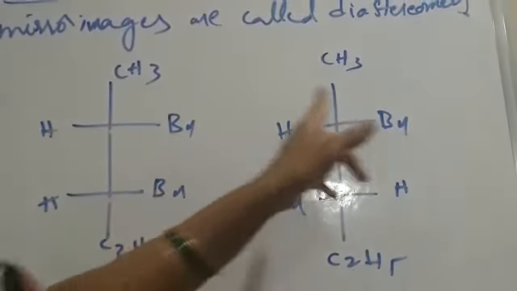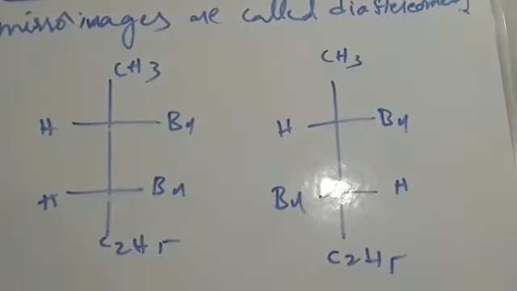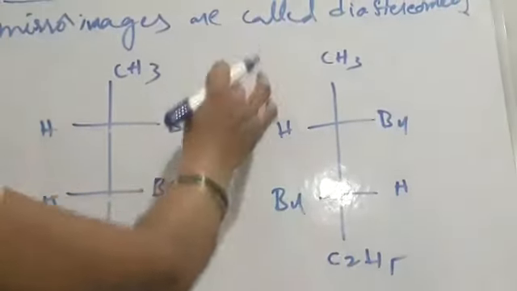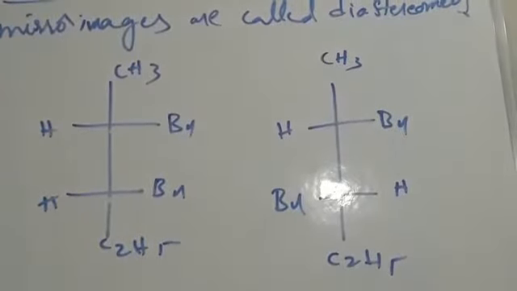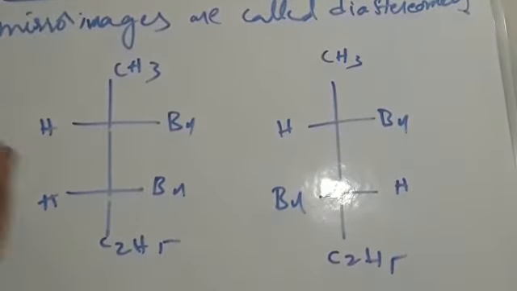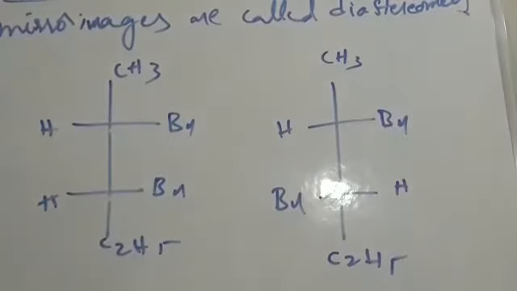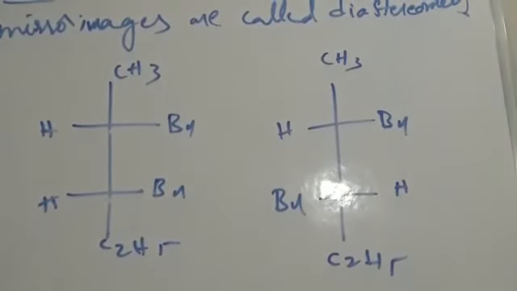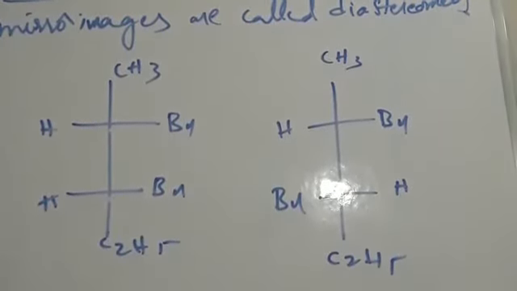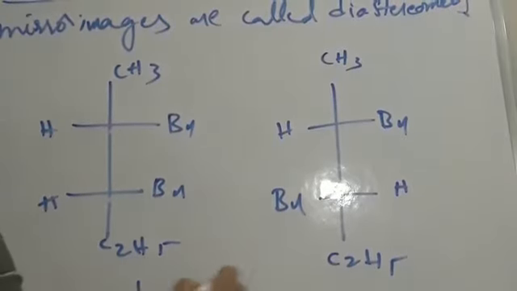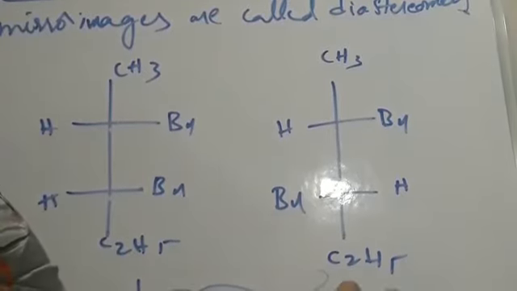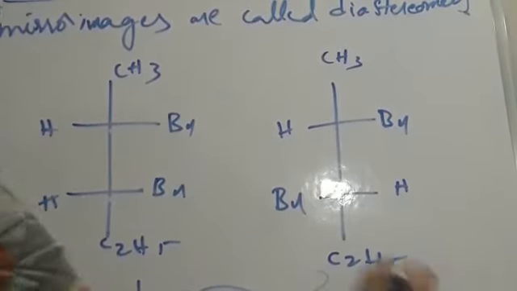But the position of bromine here is at the right side. That's why these are not mirror images and not superimposable with each other. So, non-superimposable, non-mirror images are called diastereomers.